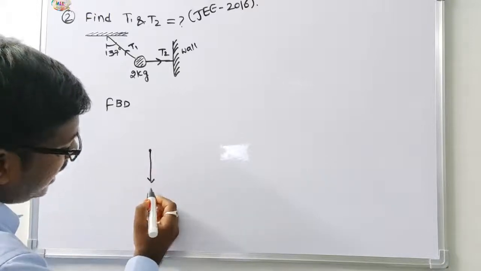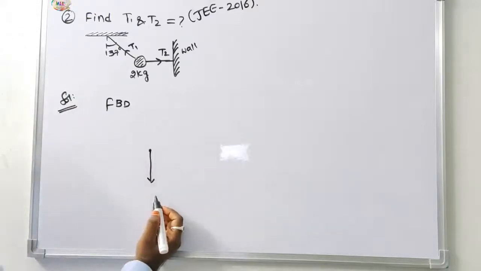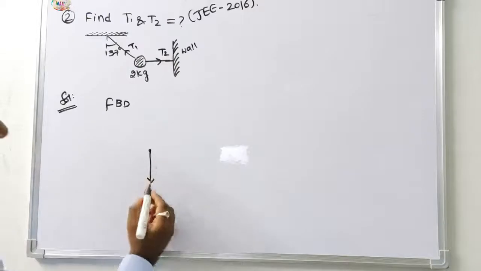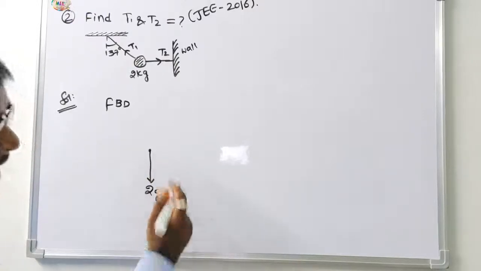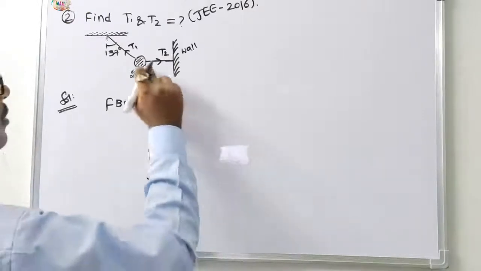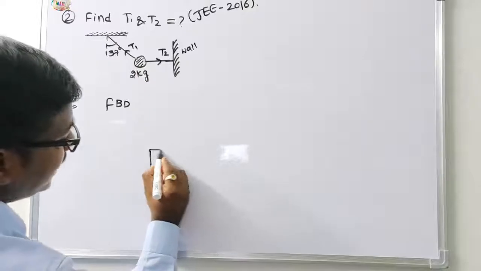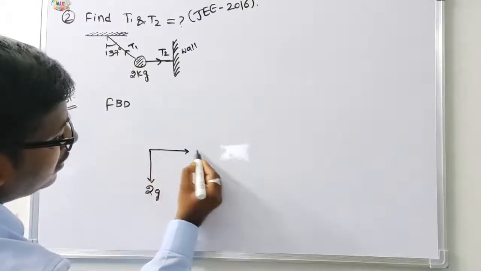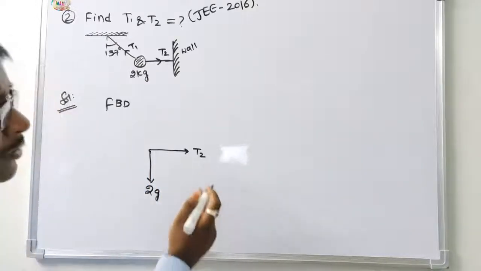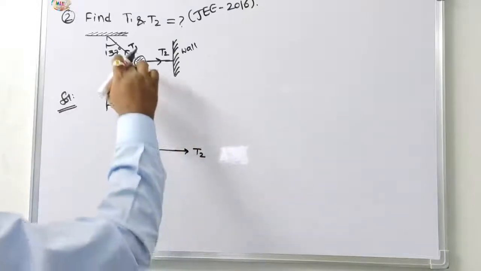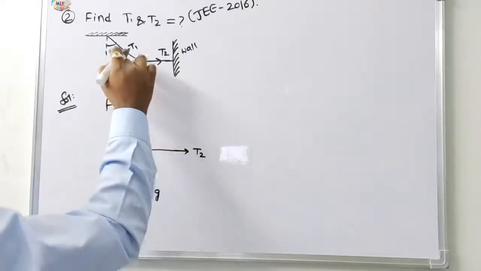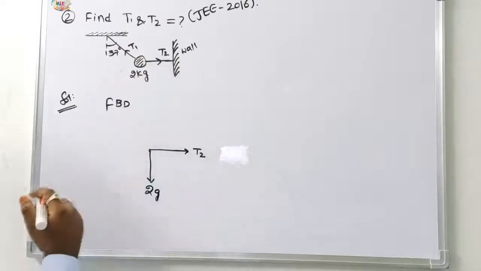So mg acts downward, that is 2 into g, 2g acting downward. The tensional force T2 acts in this direction, and T1 in this way.